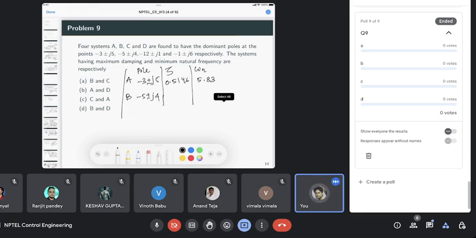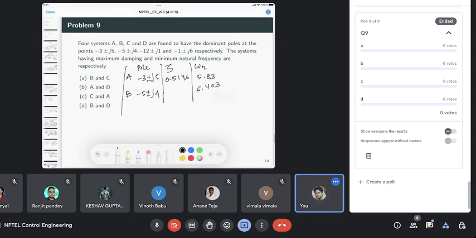For B you are given minus 5 plus minus j4. Again you calculate omega n first, which is square root of 5 square plus 4 square, which is 6.403, and zeta will be the absolute value of the real part, 5, by 6.403, which is 0.781.